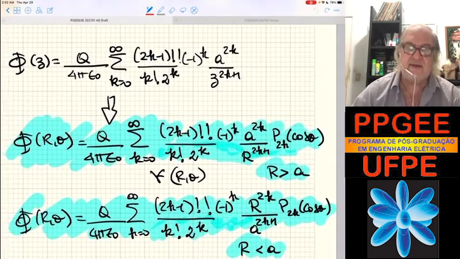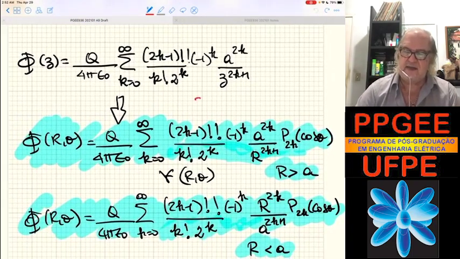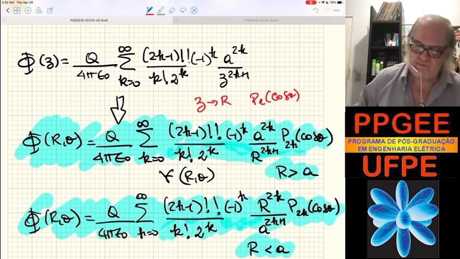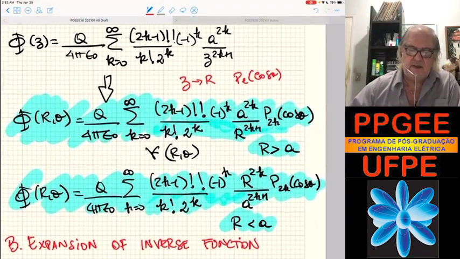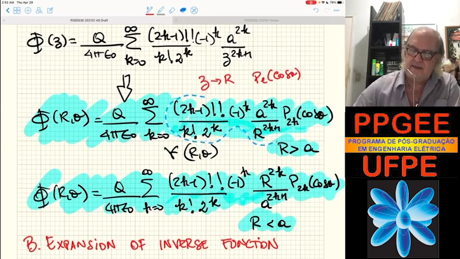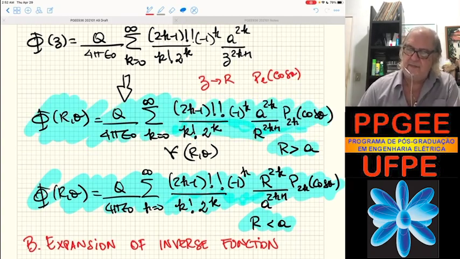So let's do now the technique. Change z to r and attach a P_L cosine theta. So we're going to have this solution like this. So it's only even terms, right?